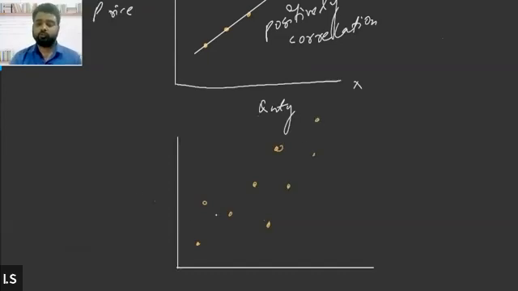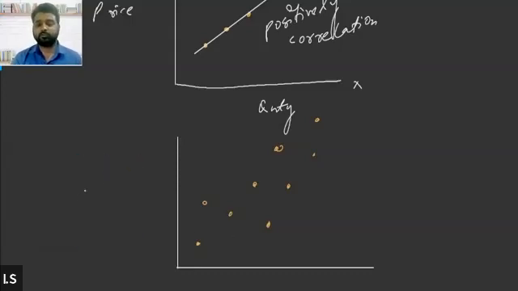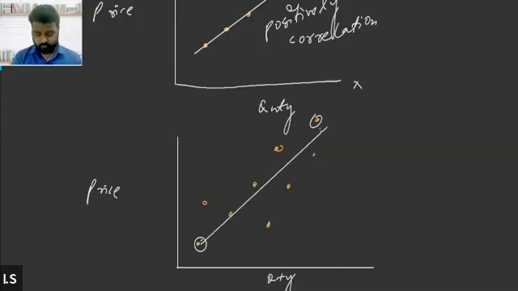You can clearly see the dots are not aligned in a single straight line. Talking about price and quantity again, these dots are moving upward, from this point to this point. If we connect both these points, just a minute.